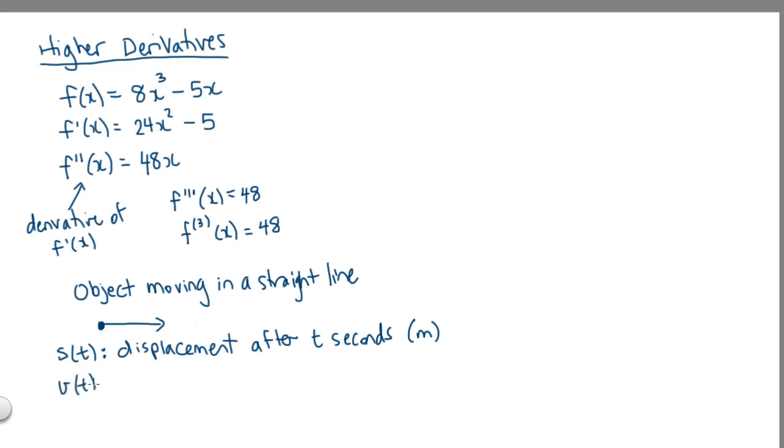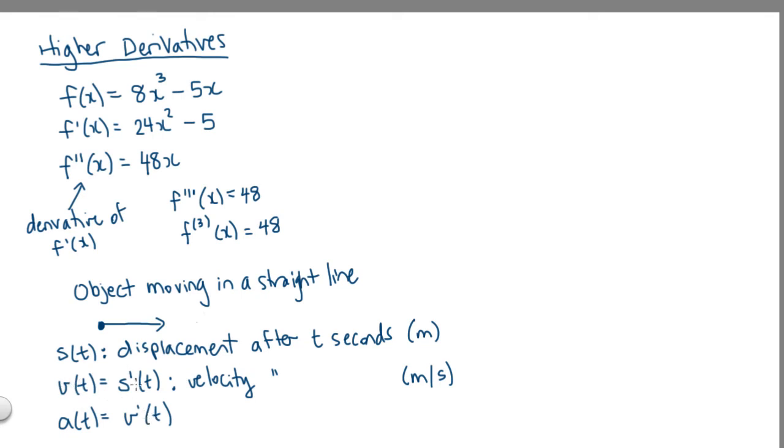v of t is what we get when we take the derivative of s with respect to t, and that represents the object's velocity after t seconds. Velocity will be measured in meters per second. And then finally we've got a of t, which is the derivative of our function v with respect to t.